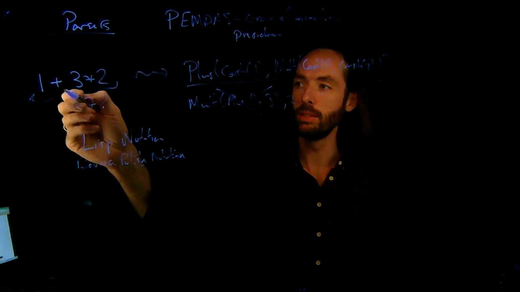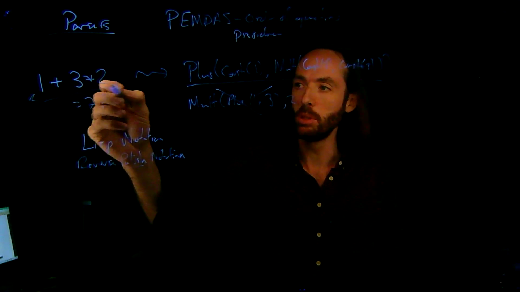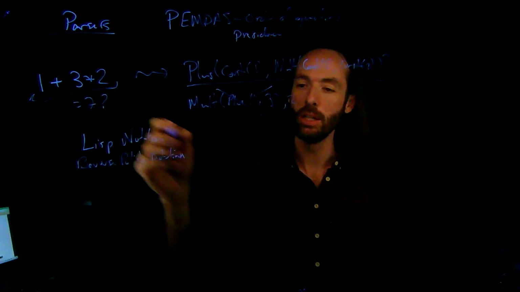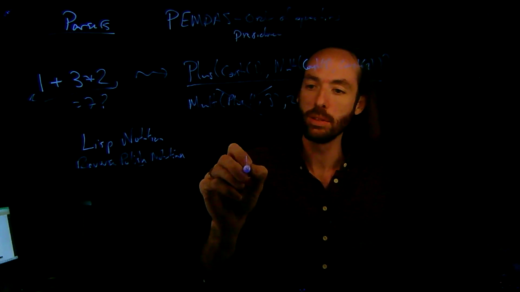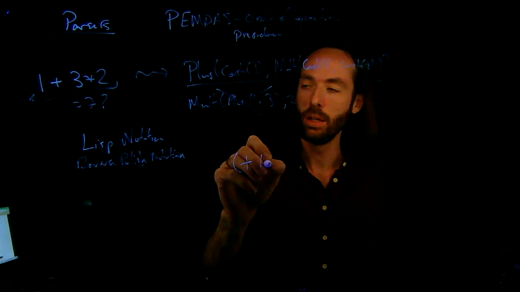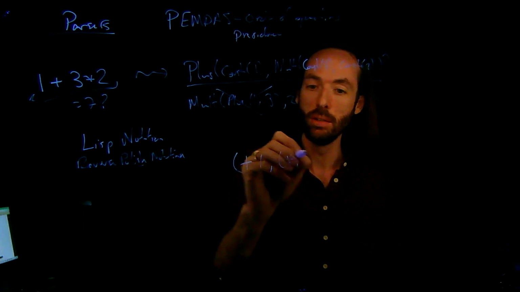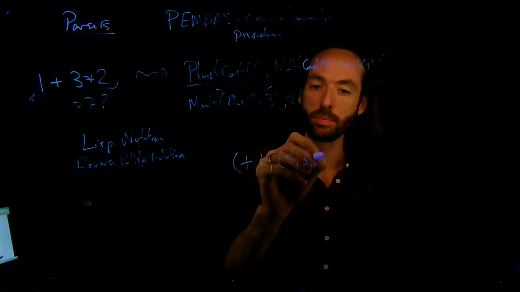So this is where, instead of putting the operation in between things, which causes this kind of ambiguity, we put the operation at the front. So we translate this into plus 1, multiply of 3, 2.